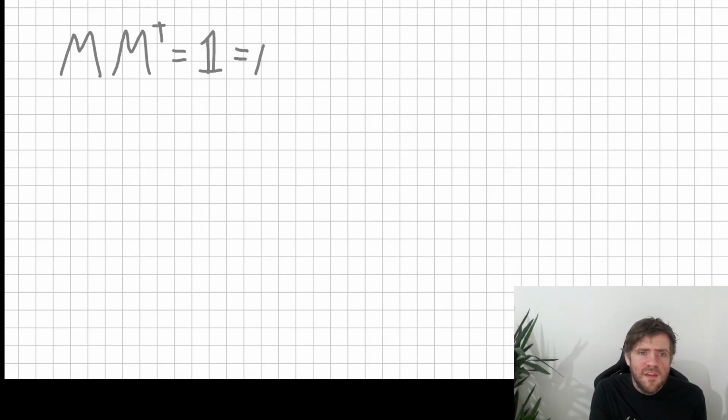And it doesn't matter which way around you do it. If a matrix satisfies this property, we call it unitary. And so I'm going to actually replace these m's with u's, because we're not talking about general matrices, we are just talking specifically about this class of matrices, which are the unitaries.